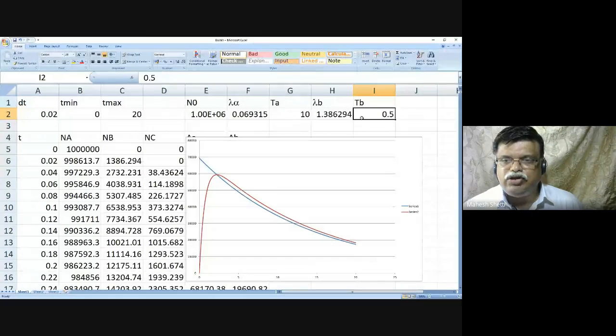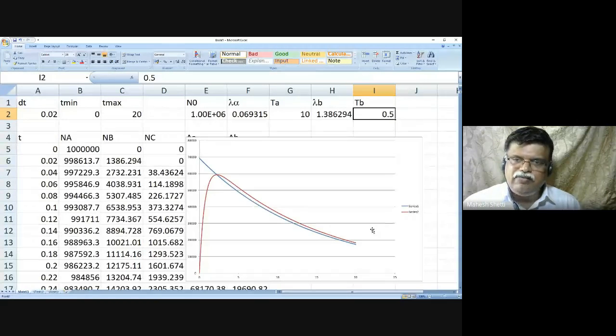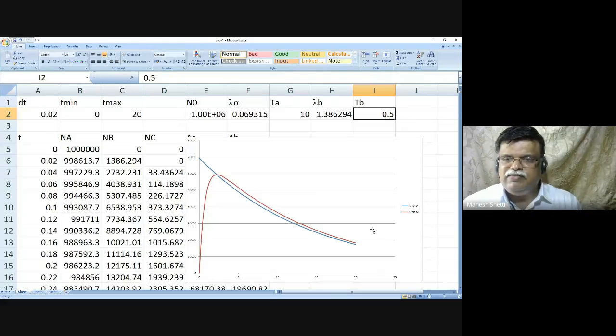So here the ratio is 20, and in the detector you will detect both with equal activity, both A and B giving equal activity.